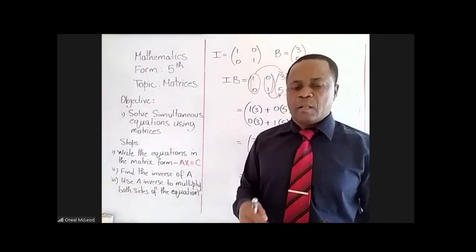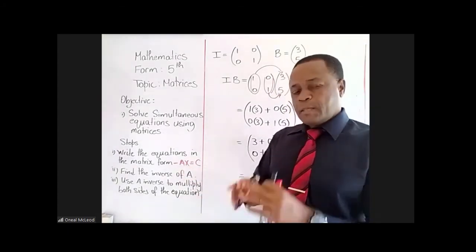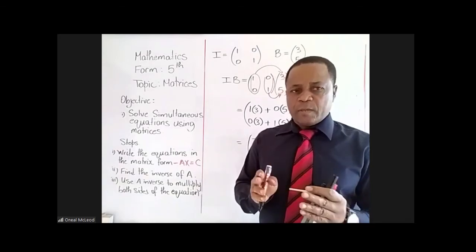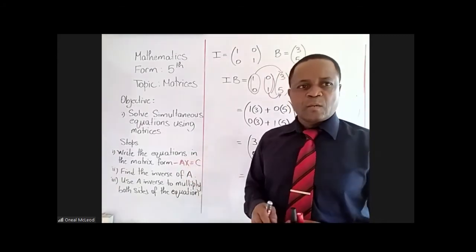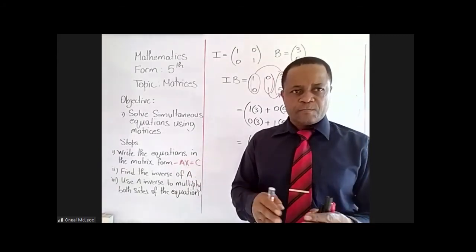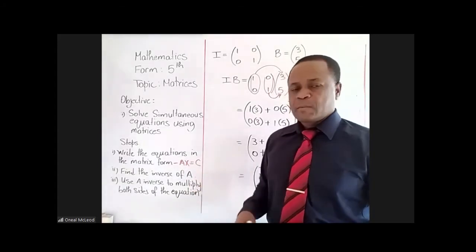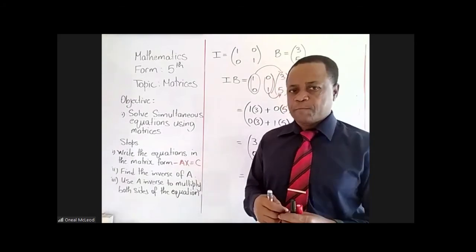A would be the numerical coefficients of the variables, while X would represent the variables in matrix form, and C would be your constant terms.